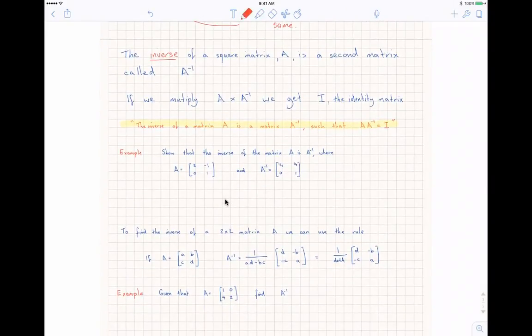So in this example, we want to show that the inverse of the matrix A is A to the -1. We're given A and we're given A to the -1.